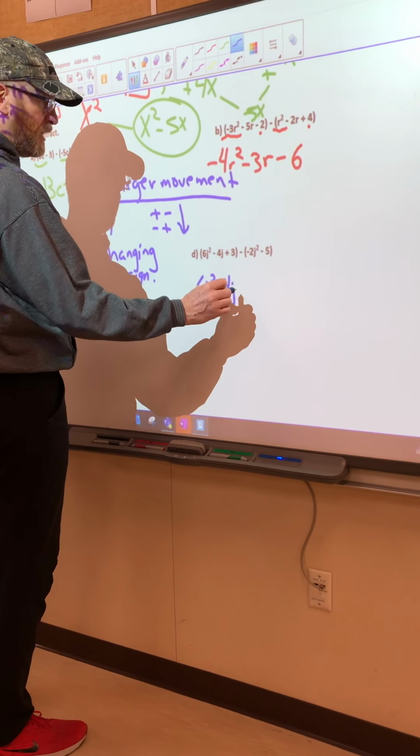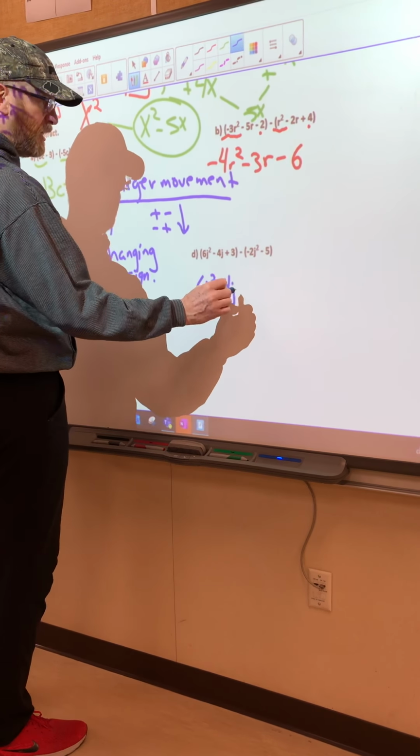Change that to an add. Change the sign here, plus 2j squared, add 5. So if you change this to an add, then you have to change the signs of everything in between. I don't know why they picked j for this.